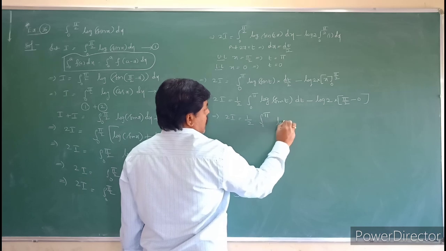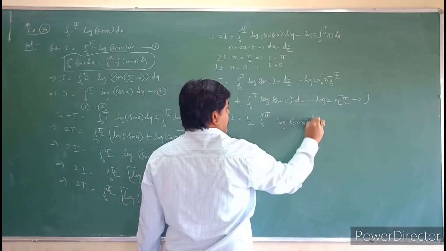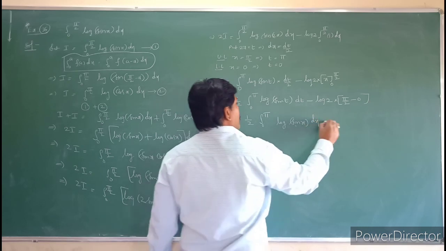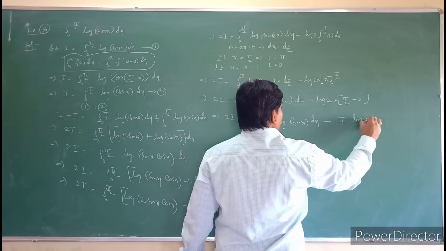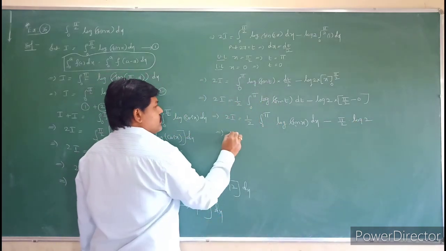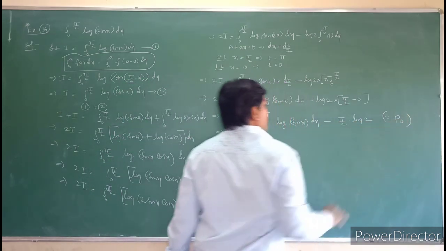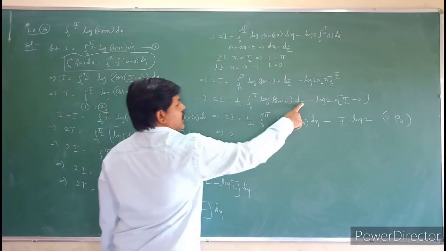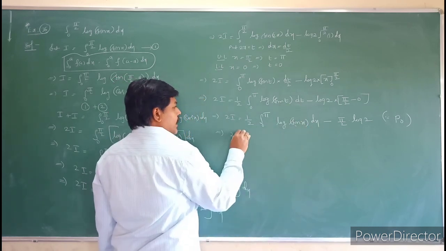So log of sin x into dx minus pi by 2 into log 2 minus pi by 2 into log 2. From property number 0, in the place of t and dt, you can replace x and dx. So 2I.